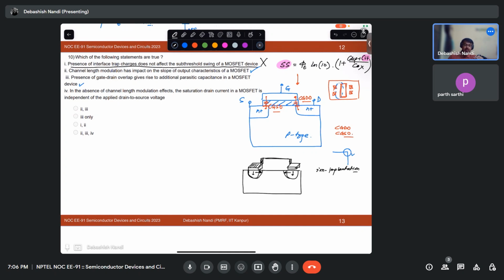Also you cannot afford to make your gate smaller than your source and drain. What will happen then? There will be a gap where there will be no channel or no field effect, right? So that is why there will always be a certain overlap region in any form of device.